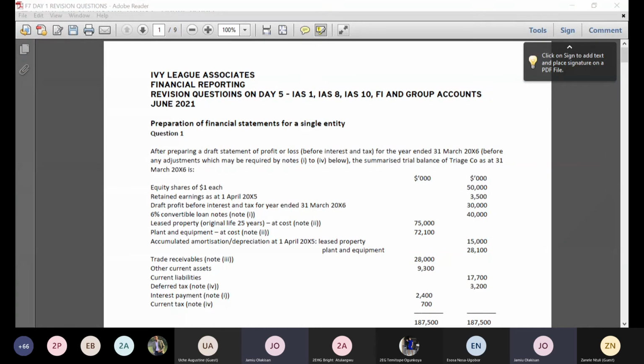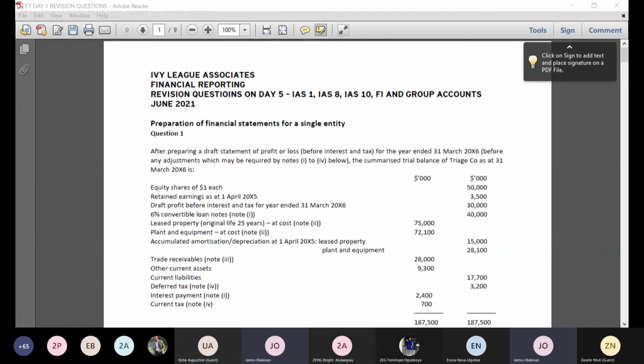Number two, if you are changing voluntarily because you consider the new policy to lead to a better presentation of information, a more relevant and reliable way of presenting it. If that is what you are doing, then you can change voluntarily. Are we together? So that is about the circumstances under which you can change.